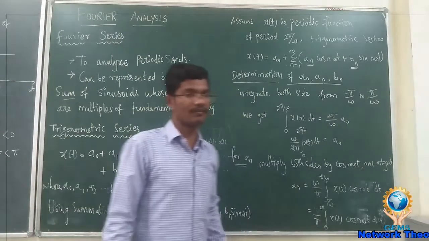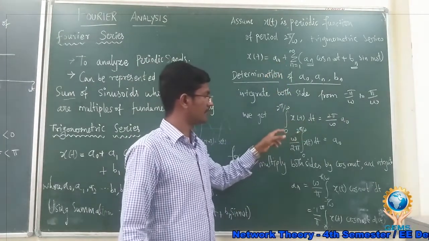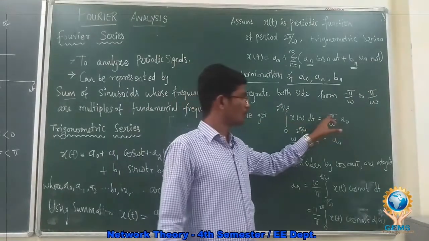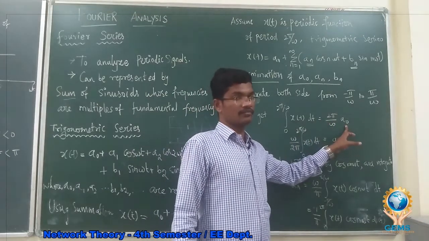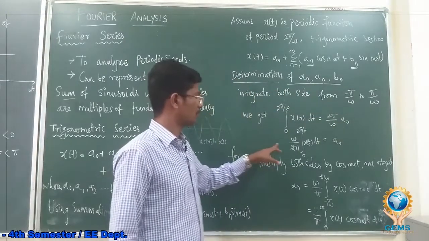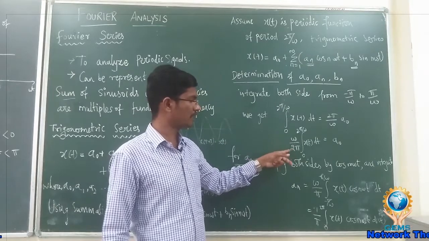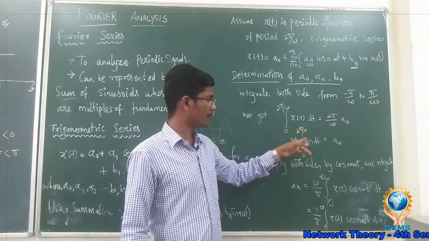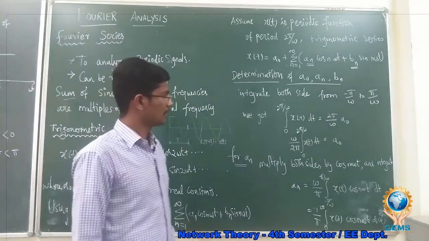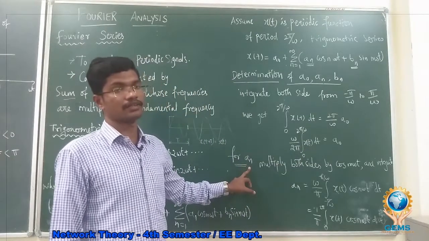Only the a0 term will remain. We will get the integral of x of t dt over 0 to 2 pi by omega equal to 2 pi by omega into a0. Actually, we need a0, so the 2 pi by omega will go to the other side. So the a0 value will be omega divided by 2 pi times the integral from 0 to 2 pi by omega of x of t dt. So this is the a0 value.